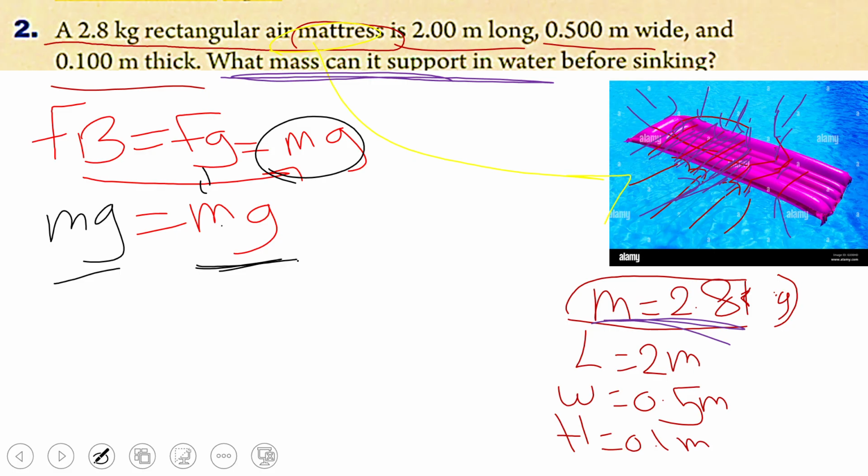I want to find the weight of this object, so I can write it as m naught, the mass of the object. I want to find this mass, which is the extra mass of the water.